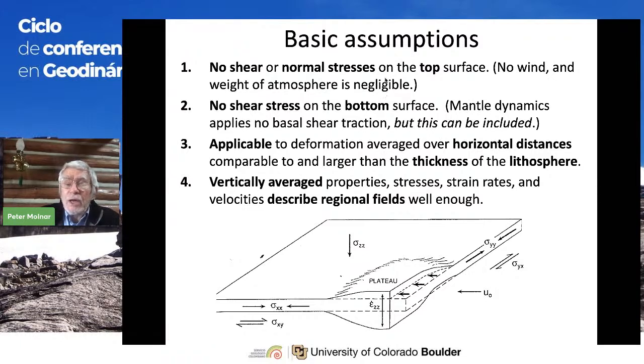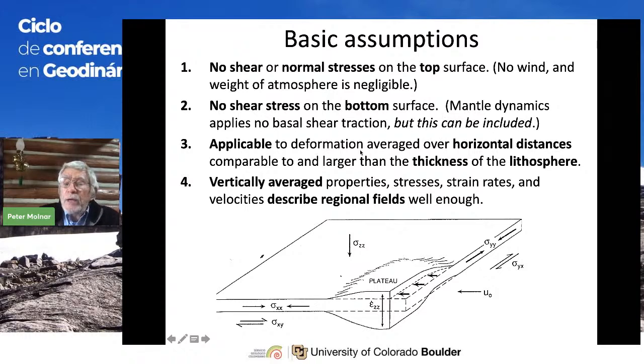That's an easy assumption to accept. There's no shear stress on the bottom surface of the lithosphere, and hence mantle dynamics applies no basal shear traction. But if you want to include that, this can be added. This is not what I will discuss, but this is not an obstacle if one wants to include it.